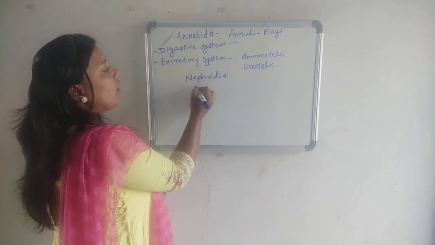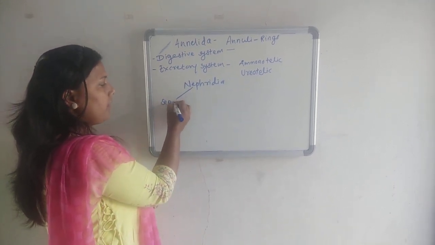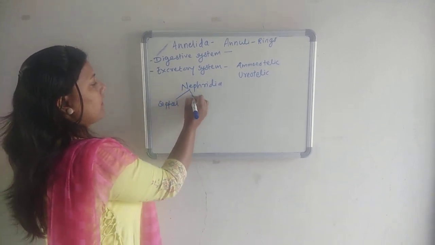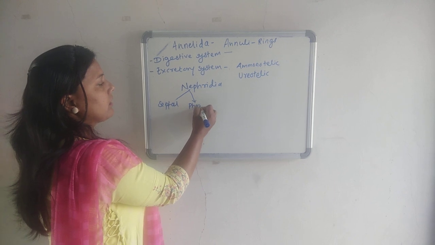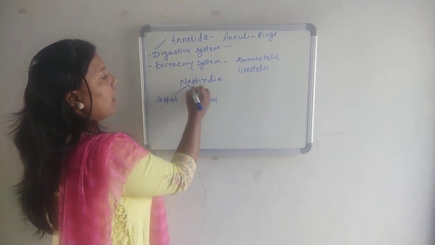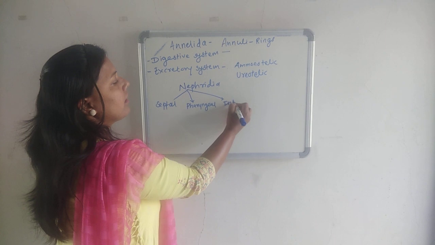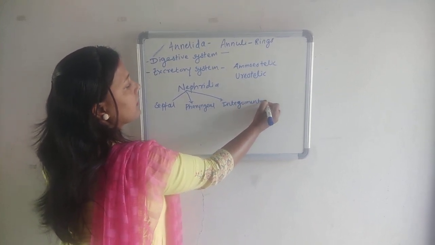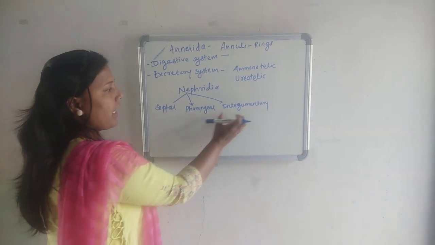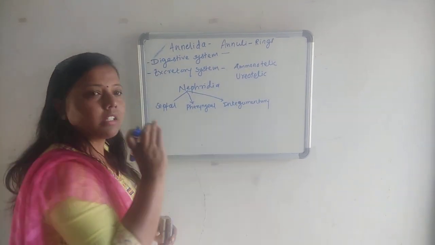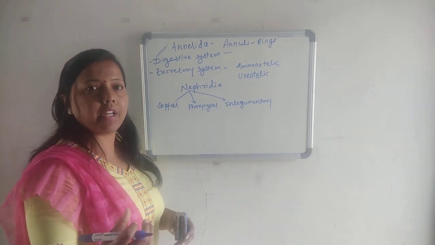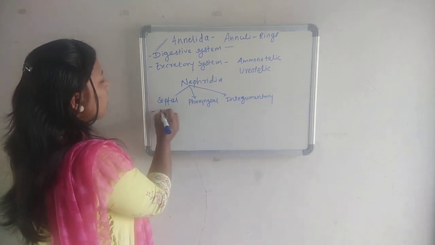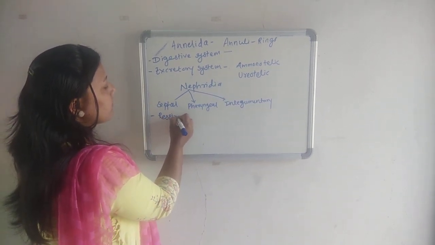These nephridia are of three types: septal nephridia, pharyngeal nephridia, and integumentary nephridia. These are present in different regions of their body and they perform the function of excretion.